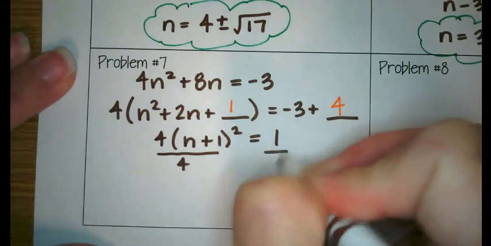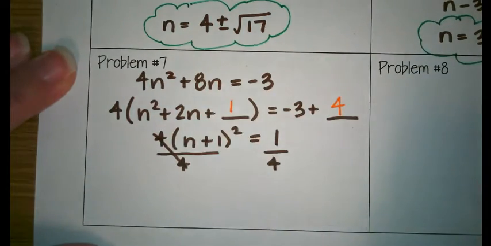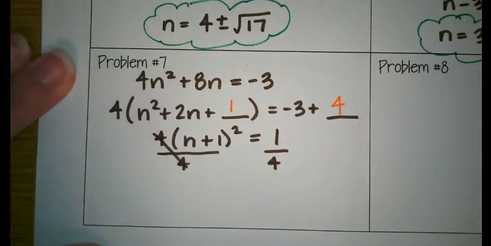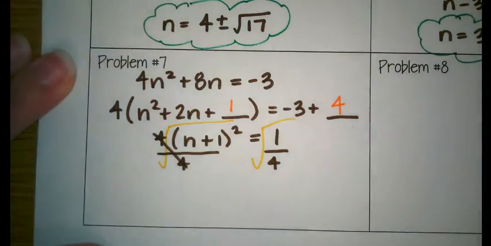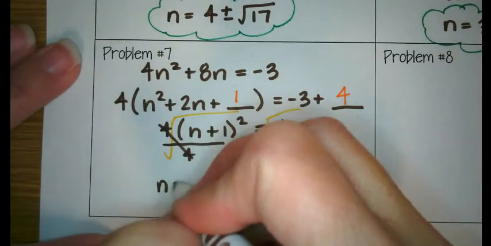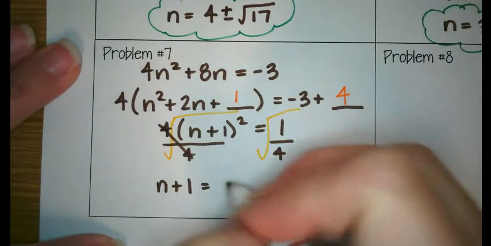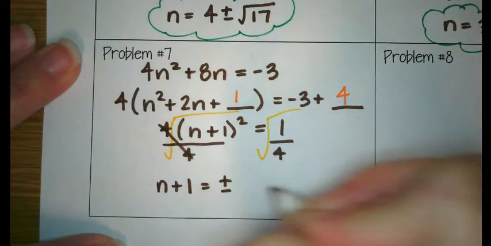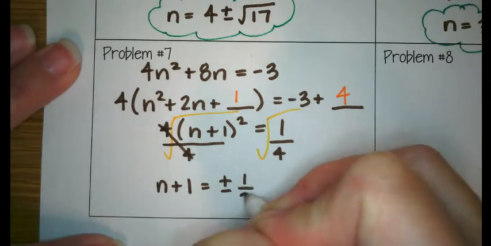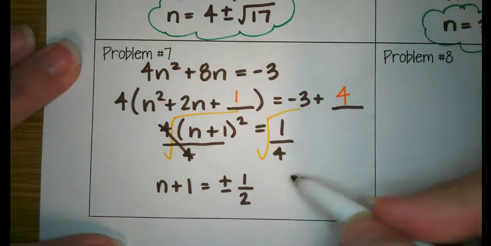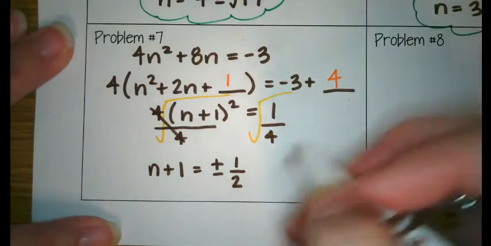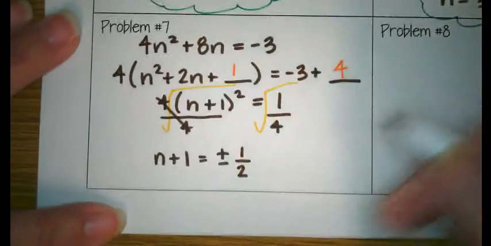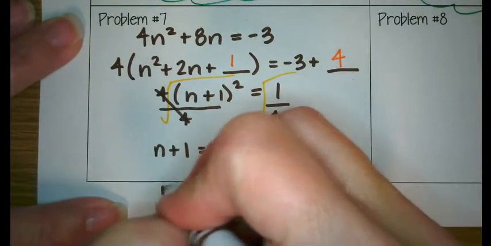Divide both sides by 4 to get that out of the way. And now I can take the square root of both sides. So n plus 1 equals plus or minus 1/2. So the square root of 1 is 1, the square root of 4 is 2. So then I need to subtract 1 from both sides. So I'll just go down here.